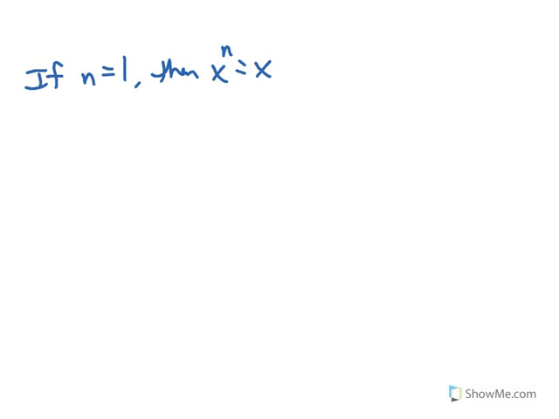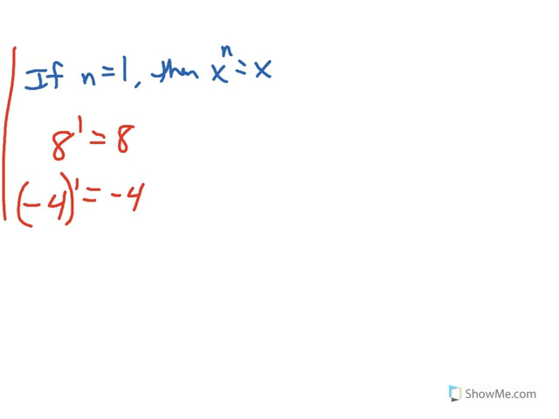Let's say that our x is 8. 8 to the first is 8. Another example. Negative 4 to the first is negative 4. And I should say that this negative 4 would need to be in parentheses. So any number whose exponent is 1 is the original number. That's what that definition is.